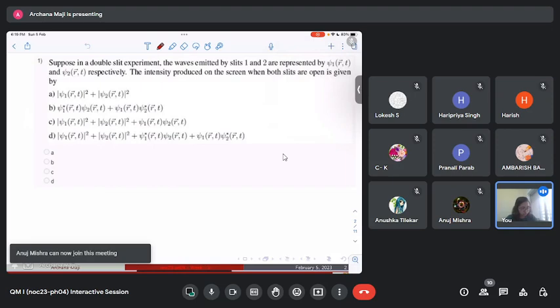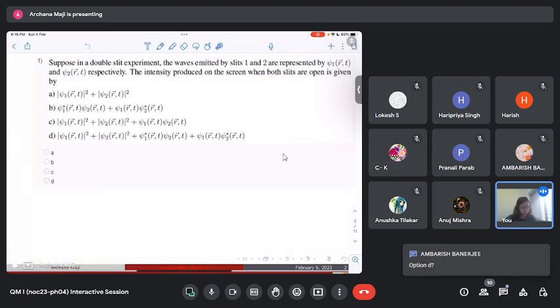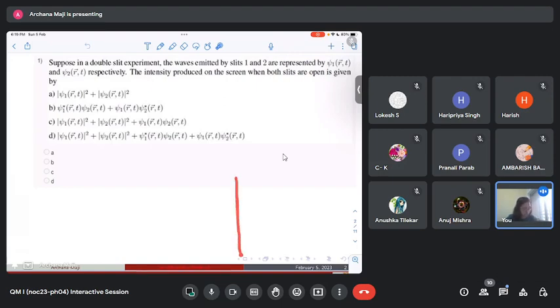Okay, so what happens is that when both the slits are open, that's correct, yeah, option D. When both the slits are open, we will get an interference pattern at the screen.